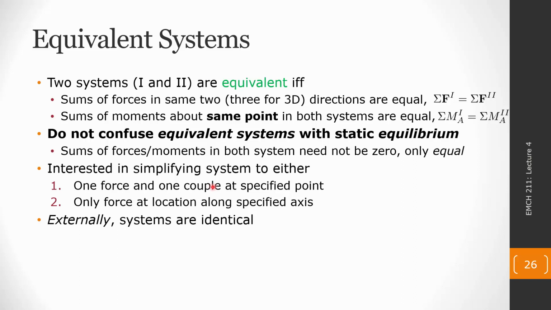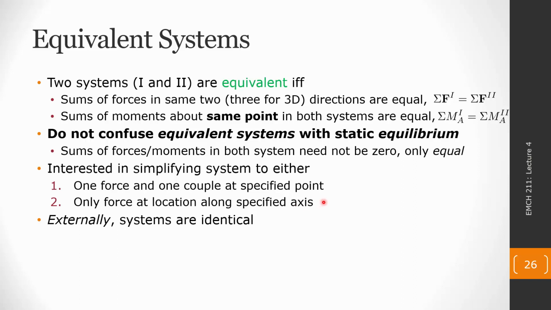Instead of having to use multiple actuators, multiple servo motors, we can just put one of each at a specific point, and the system externally will act the way we want. Or even more simply, we could just put a single actuator at a specified point, and we can recreate what the more complicated system did externally.